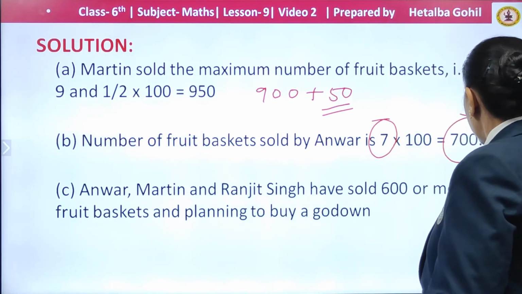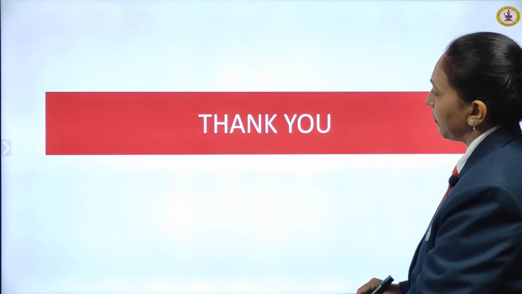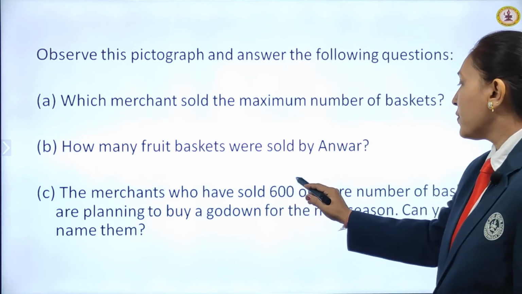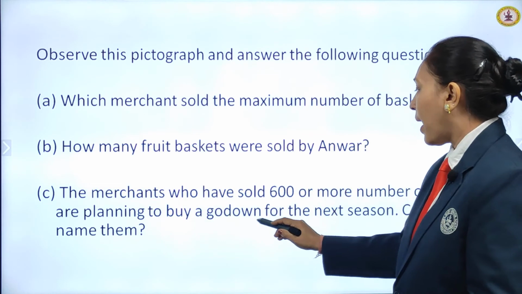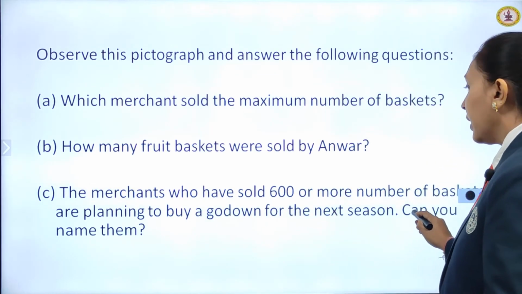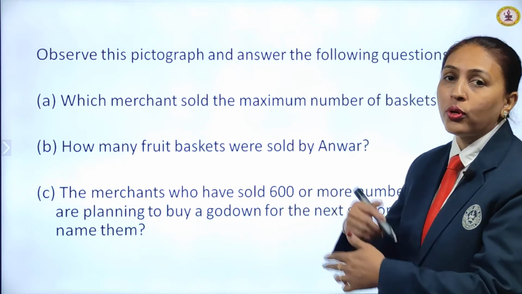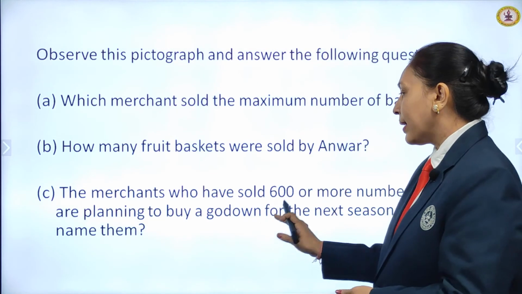Let us go first with the question here. The merchants who have sold 600 or more baskets are planning to buy a godown for the next season. Can you name them? Okay, so those who have sold 600 or more baskets are the only ones going to buy this godown.